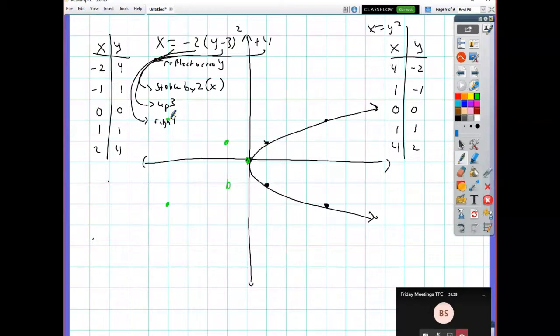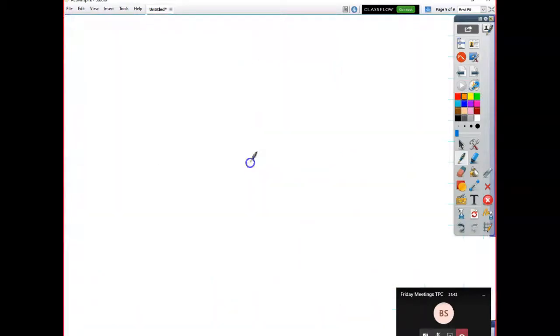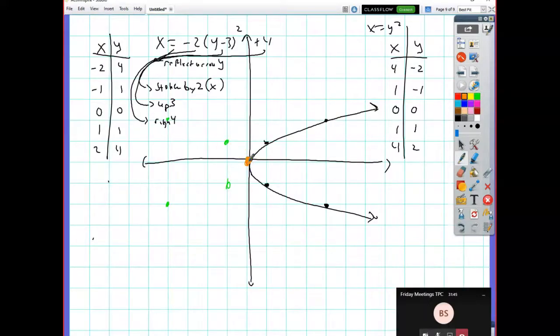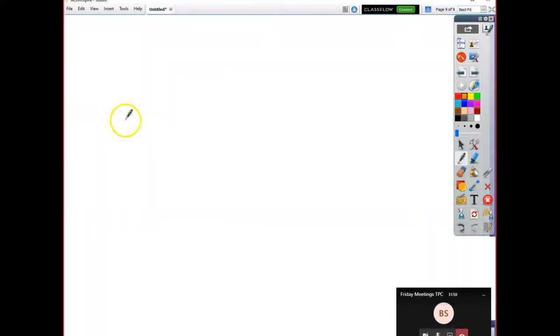So multiply x values by 2. So this one here stays in place. This one here is going to go, this is -1 for x, this becomes -2 for x. Right? This is 4, so this becomes 5, 6, 7, 8.